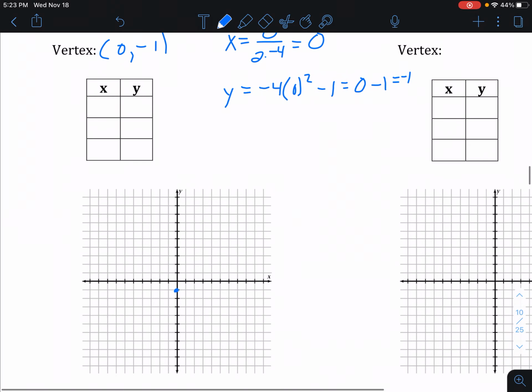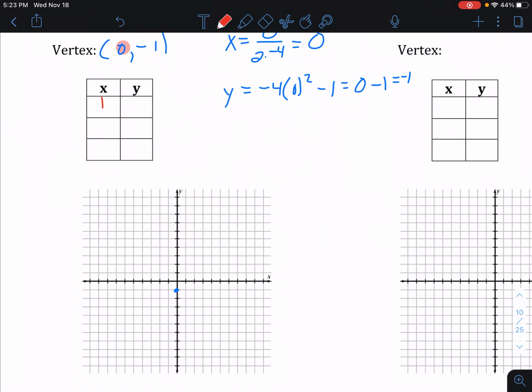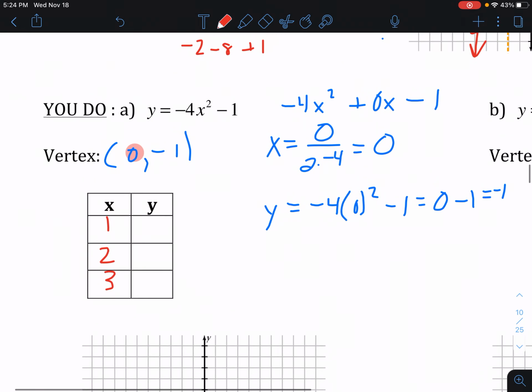And my x values, I got x here is 0. So after 0 would be 1, 2, 3. Now I'm going to use my formula again to get my other y values. That would be -5.